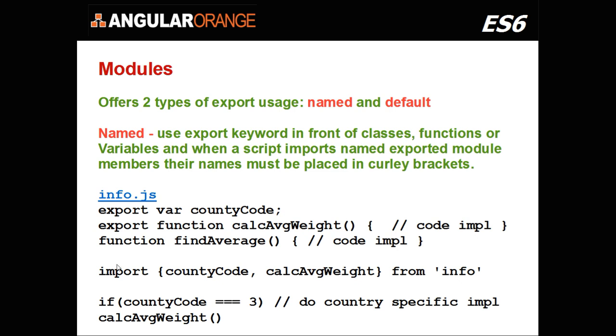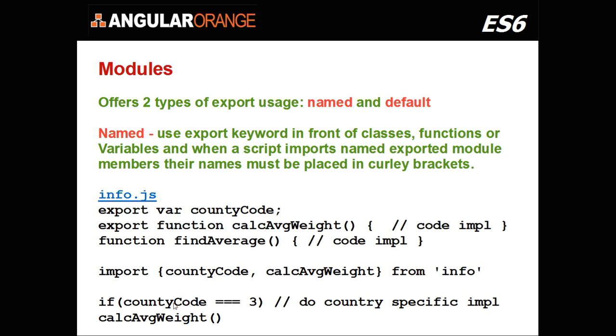So here, I'm importing country code and calculate average weight from a module, and that module has exported country code and calculate weight, and there's also a function here, find average. Now, since I've used curly brackets, and these use exports, and these have names, I can put these in curly brackets and use them in my code once I import it.